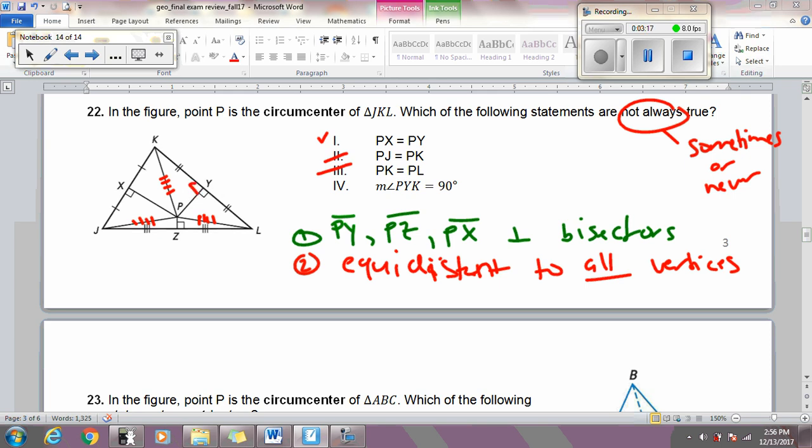PYK is right here, and that is always true, because that's my perpendicular bisector. With that being said, the only thing that is not always true is 1, PX is equal to PY. It might be true, but it's not always true.